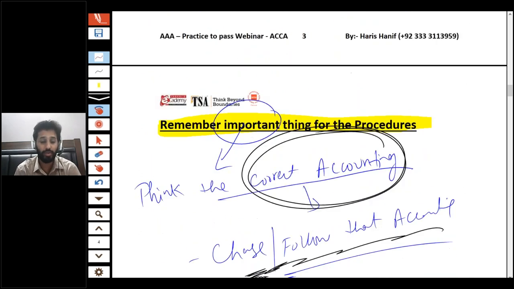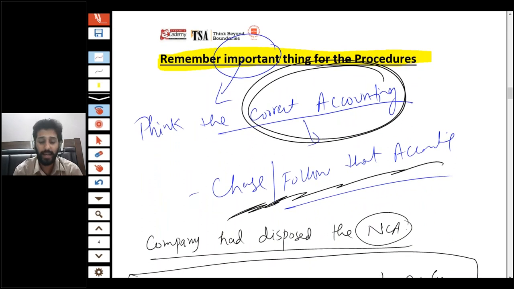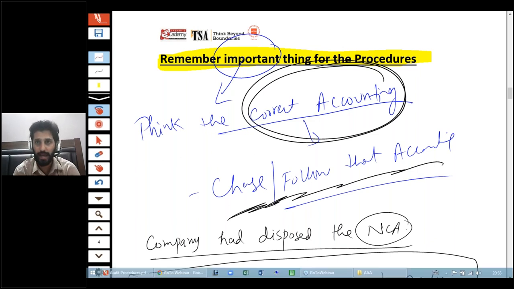An important point to notice for the procedure is that you need to think of the correct accounting treatment and chase that accounting, assuming that the accounting had been properly done by the management. Whenever you are asked what procedures you should apply, you should apply those procedures based on the accounting you expect from the management.